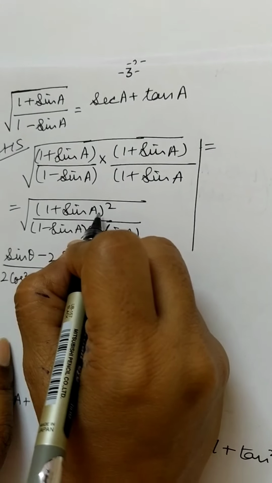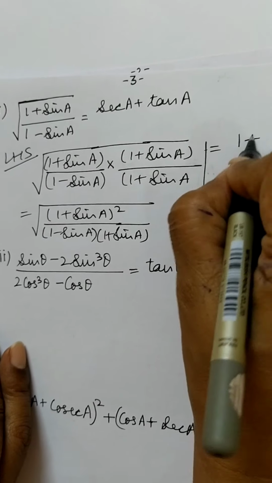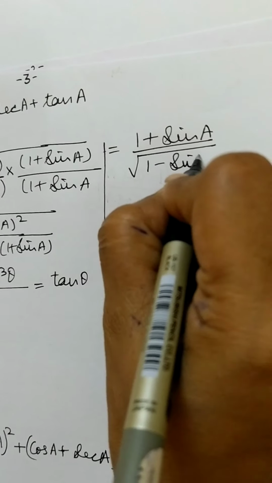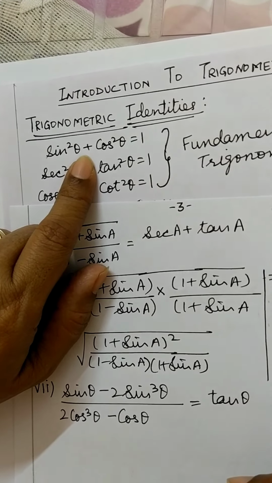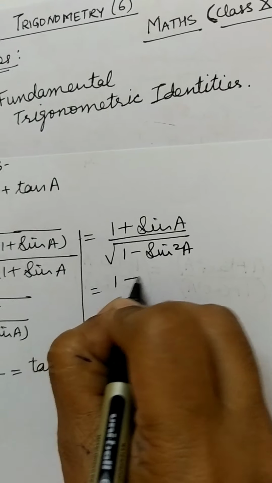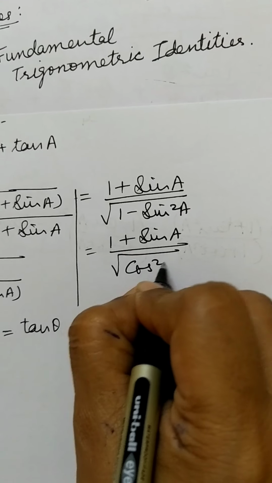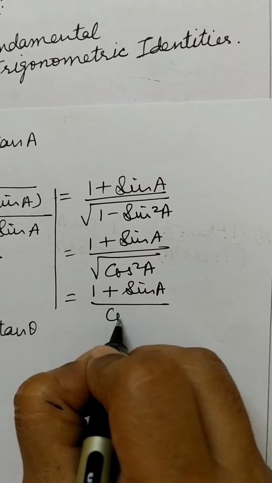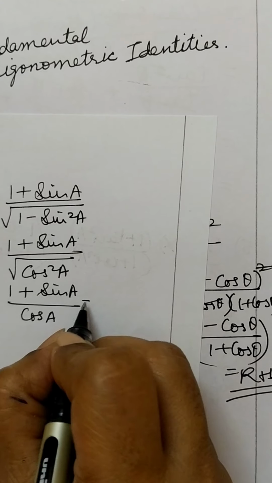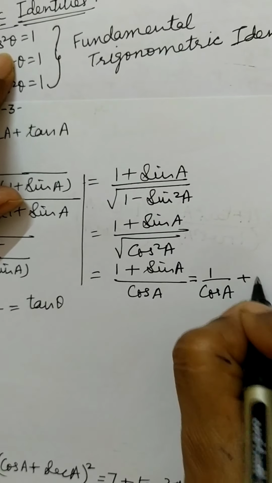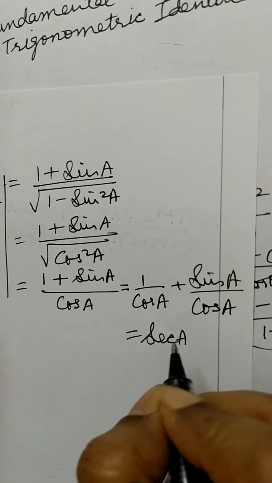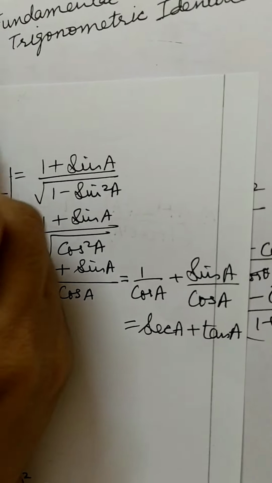So it becomes, you can see that square and square root will be cancelled. So in the numerator we have got 1 plus sine A. In the denominator, 1 minus sine A times 1 plus sine A is 1 minus sine square A. But 1 minus sine square A will be cos square A. Square and square root in the denominator will be cancelled, and you get 1 plus sine A upon cos A. If you take cos A separately as denominator for both the terms, 1 upon cos A plus sine A upon cos A. Then 1 upon cos A is sec A. Sine A upon cos A is tan A, which is RHS.